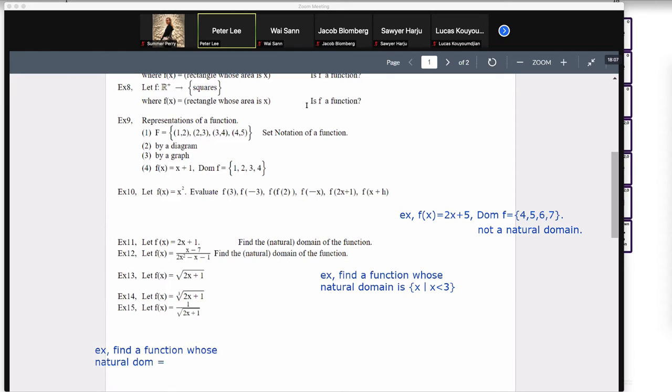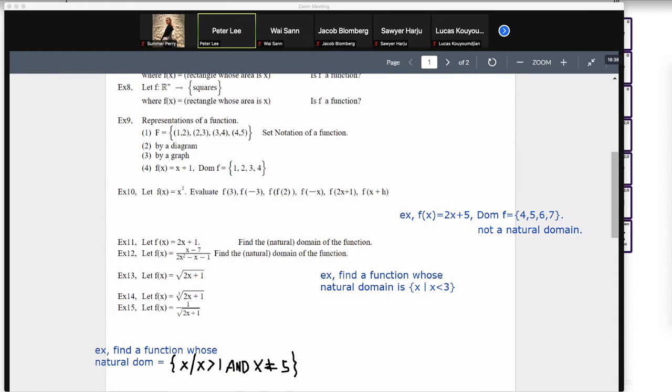Let me write it out. x is bigger than 1, but x cannot be 2, and x cannot be, how about x cannot be 5? I can come up with a question like this.